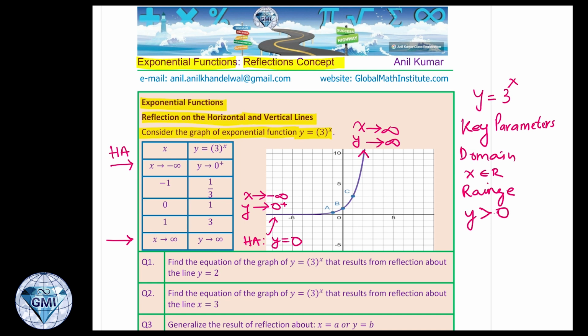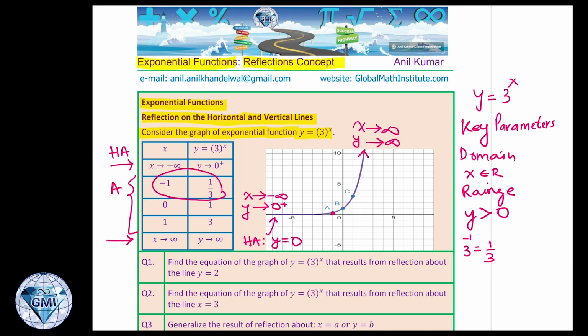Now, the 3 points which we consider are the points where the x values are -1, 0, and 1. 3 to the power of -1 will give us what? 1 over 3. So that gives us the first point. At -1, we have the value 1 over 3, and that is point A on this graph.